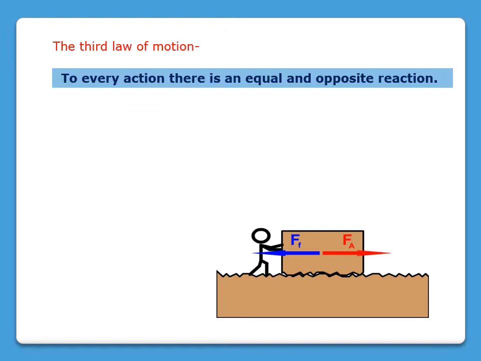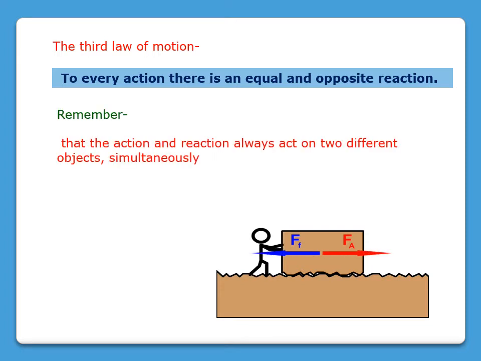Let me state the third law of motion in a very easy way. To every action there is an equal and opposite reaction. This is the statement of the third law, and you can write this statement if it is asked in the examination. This is the easy statement. To every action there is an equal and opposite reaction.